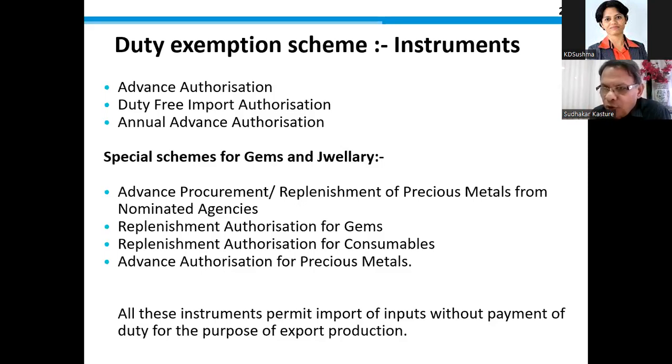1 container load of cotton and 1 container load of gold. Do you understand the difference between the two? 1 container load of cotton, very easily taken care of. 1 container load of gold, 20 metric tons of gold. It is such a high value. You can imagine 60,000 rupees per 10 grams.